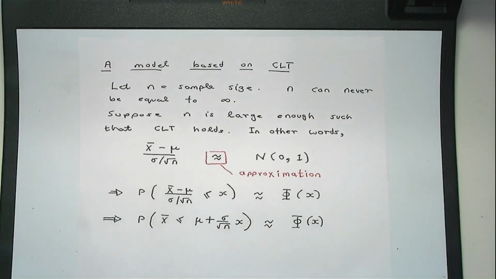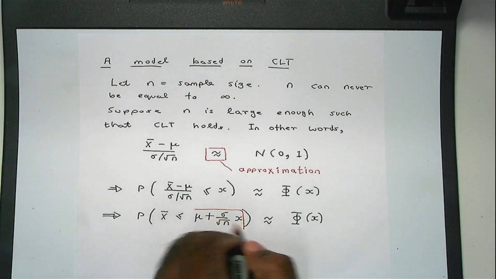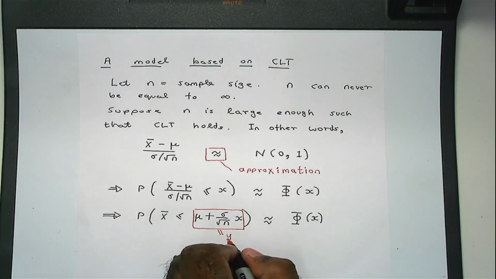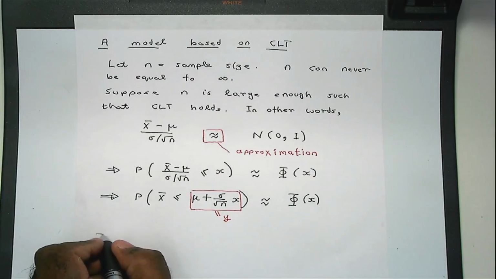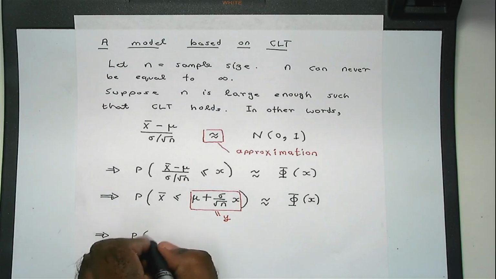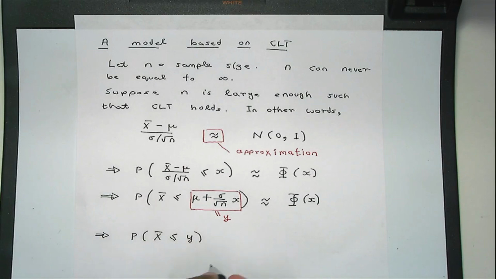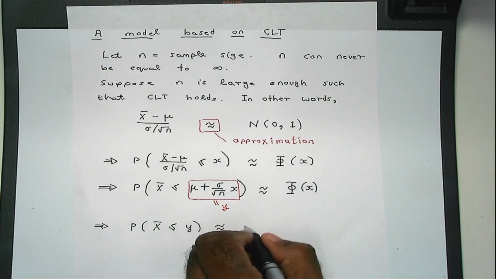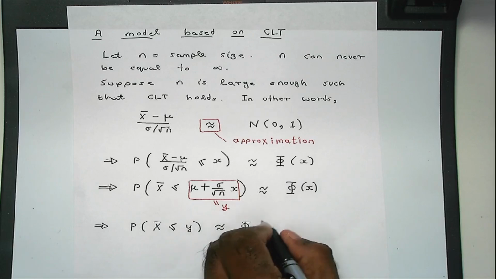Now, before I go to the next step, let me call this guy here equal to y. So if this is equal to y, this will become the probability that x bar is less than or equal to y, approximately equal to phi. Now x in terms of y is going to be the following.